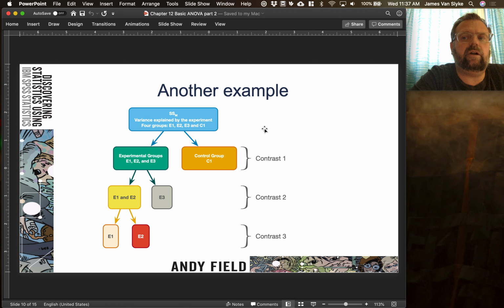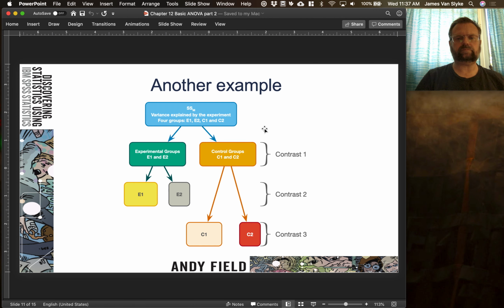We compare all experimental groups to the control group, and then we break those experimental groups down into smaller and smaller chunks. There's another design as well where you have 2 different types of control groups. And in this case, for the third contrast, they're looking at potential differences within the control group as well.